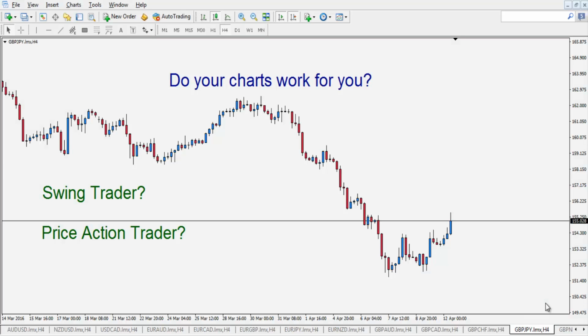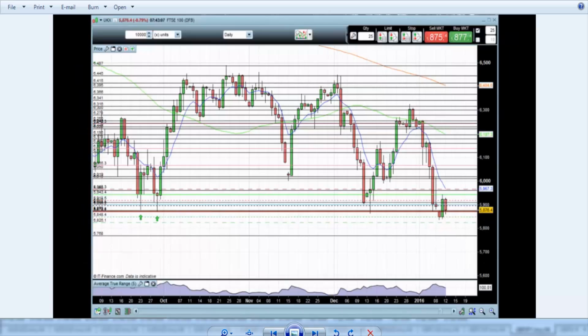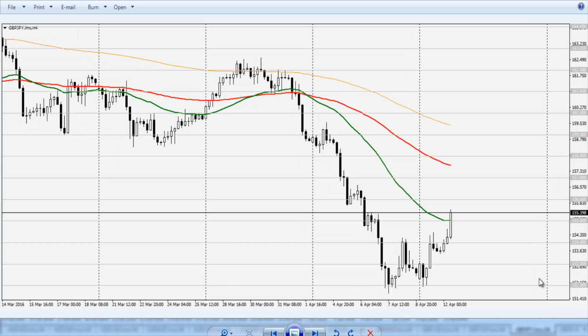So let's now think about what we've just had a look at, and I've put just two types of trading styles that are out there, and there's definitely a lot more. We're not going to go through the whole list, but let's have a look at if you're a swing trader, and I go back to the swing chart here.